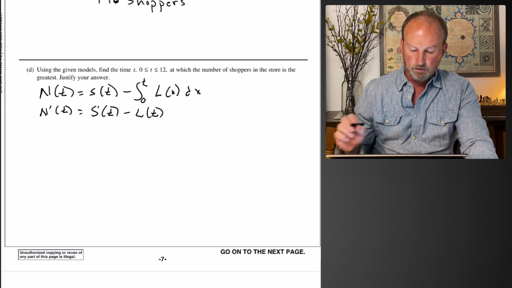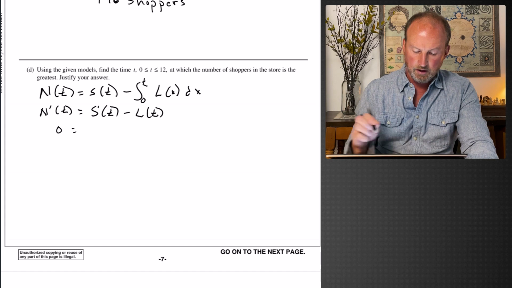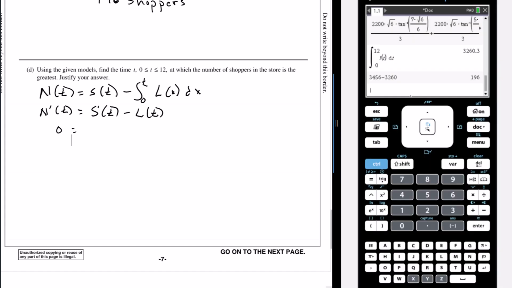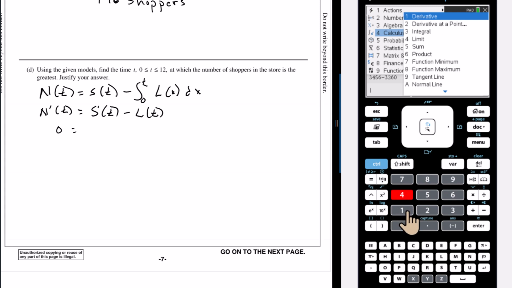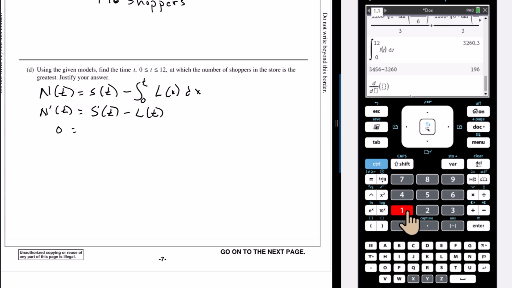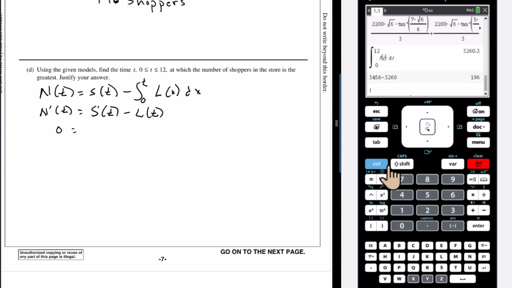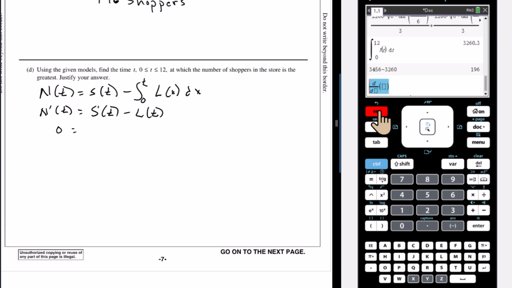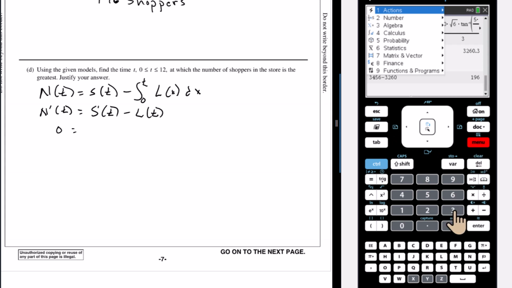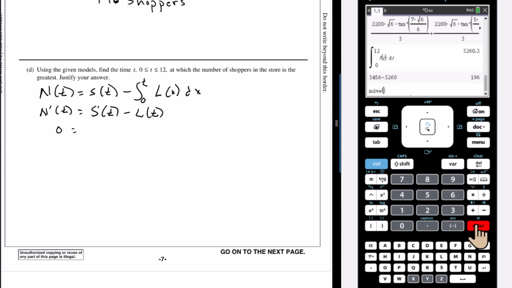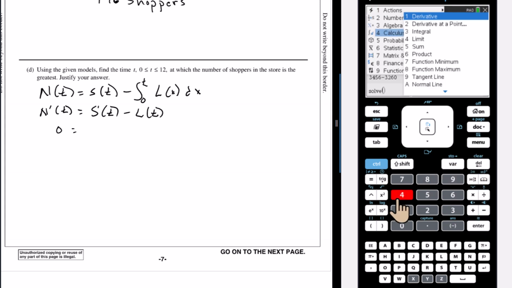Okay, critical values. Let's solve. When is this expression going to equal 0? So I go over here to my calculator and I want s prime. I want to solve. Menu, number 3, algebra. I want to solve. And what am I solving? Now I do derivative. Menu, number 4, number 1.